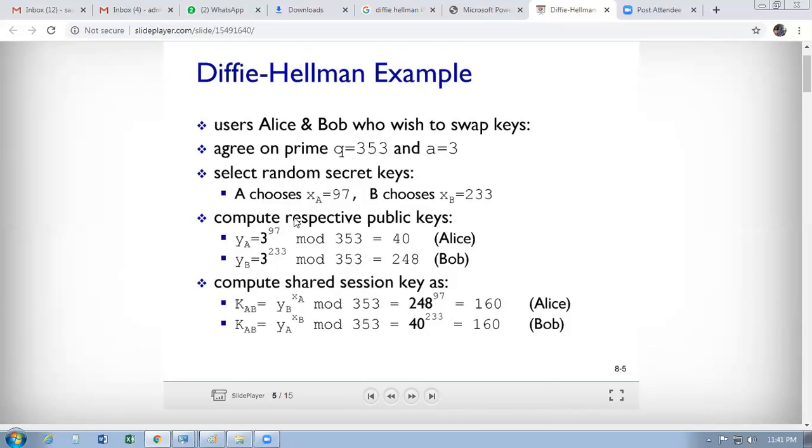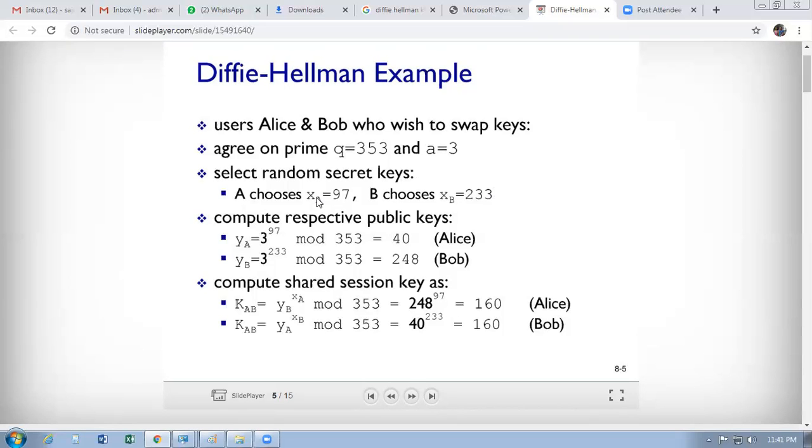The second step is key generation. A generates a private key and public key. Similarly, B generates a private key and public key. The private key is chosen by the user. For example, A chooses 97 and B chooses 233.